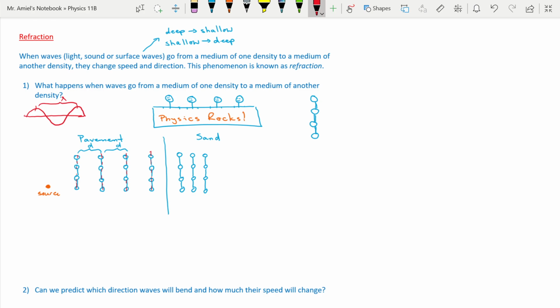Now what we'll notice in this example, the frequency is not going to change. The source is going to continue to send out these wave fronts at the same frequency. So frequency will not change.